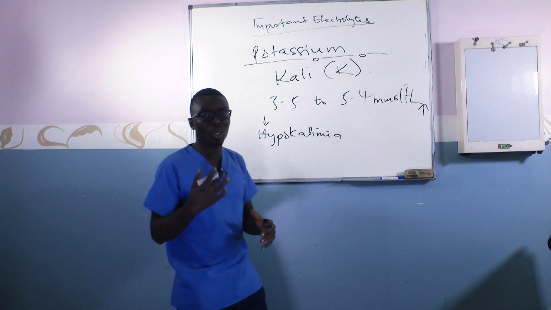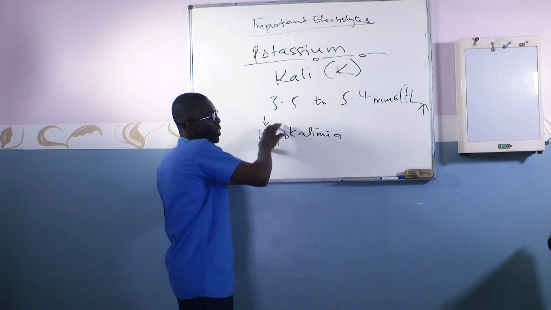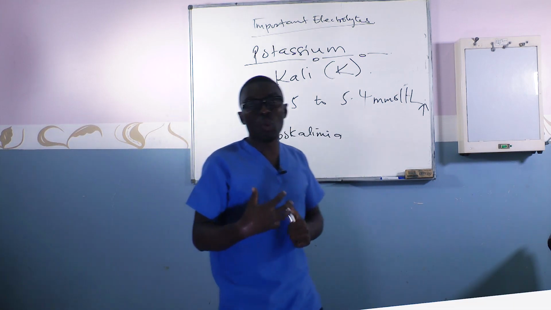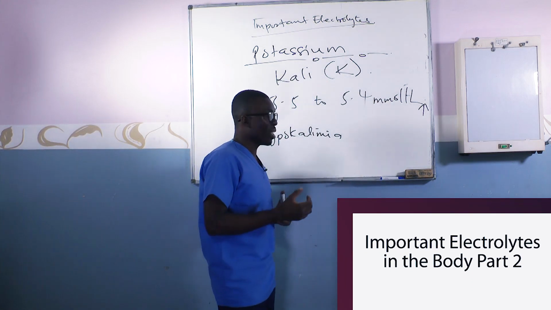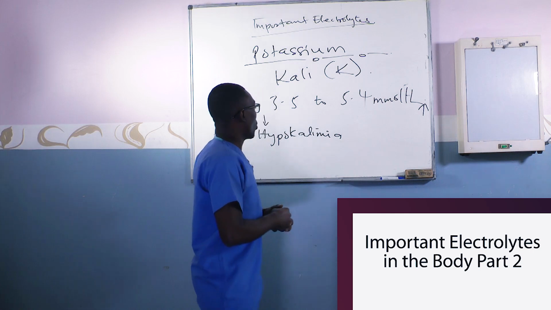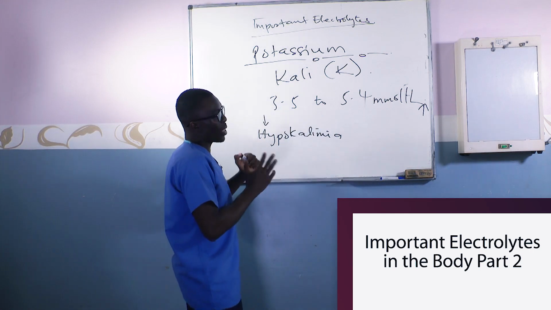Potassium helps in conduction activities in the heart. So if there is a problem with your potassium level, it will affect the way your heart functions. Then it leads to some conditions known as arrhythmia. So it's very, very important for us to know our potassium level.